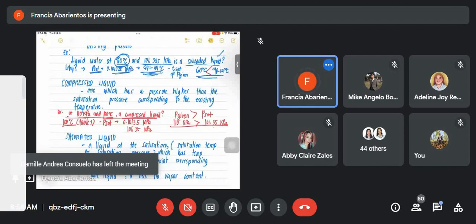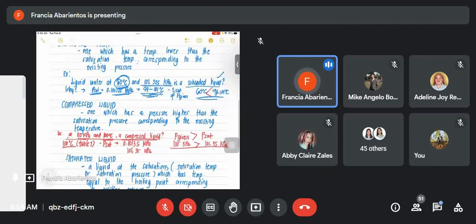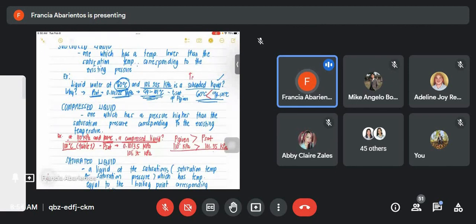At tawag dito class sa problem na to, compressed liquid siya. Okay, kasi yung given pressure natin is higher than the saturation pressure corresponding to the existing temperature. Okay? Ayan. So, dito sa unahan, sa subcooled, yung temperature natin na given is lower than the saturation.